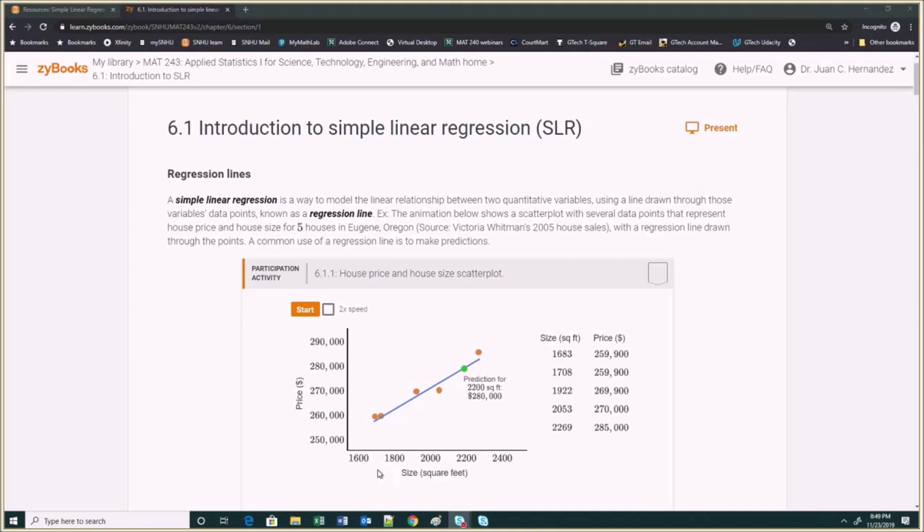And as we expect, when the size of the home in square feet increases, we expect that the price will increase as well. Now, a lot of times when we are studying these relationships, the data will not follow a straight line. There will always be some variation in the data set.